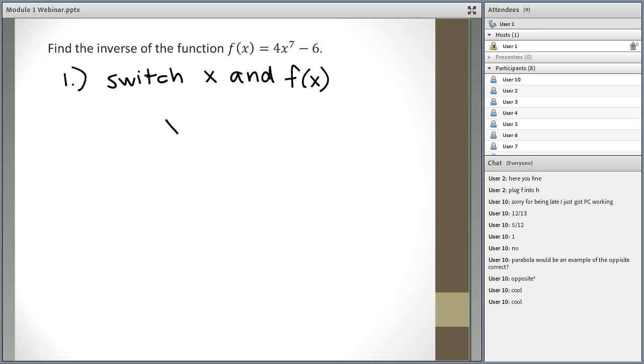So I'm going to have x equals 4 f inverse of x to the 7. Actually, I'm thinking one step ahead. Hold on.